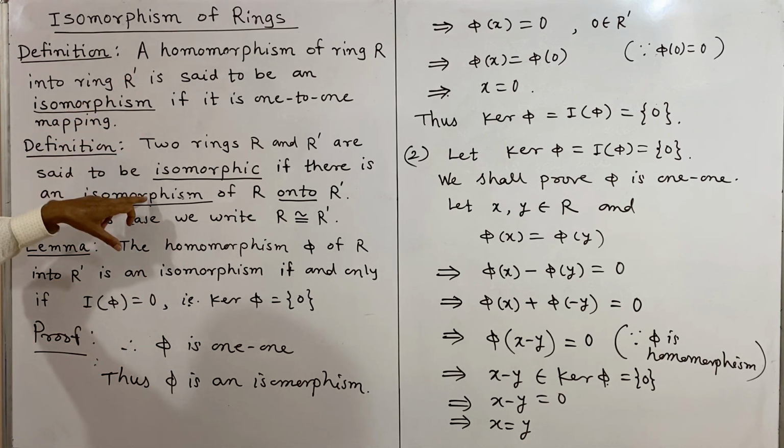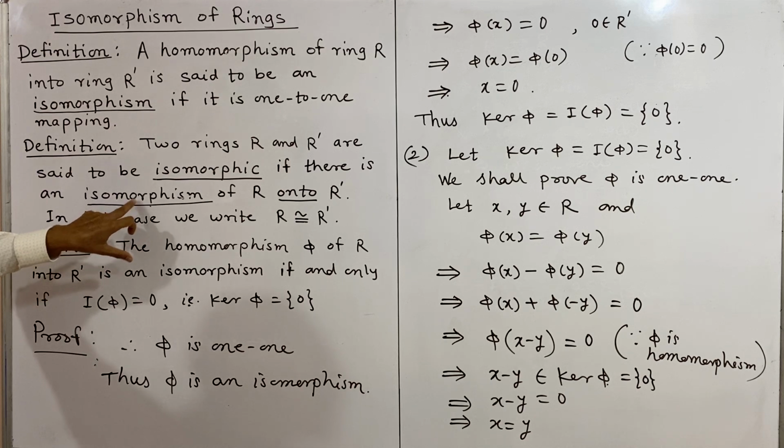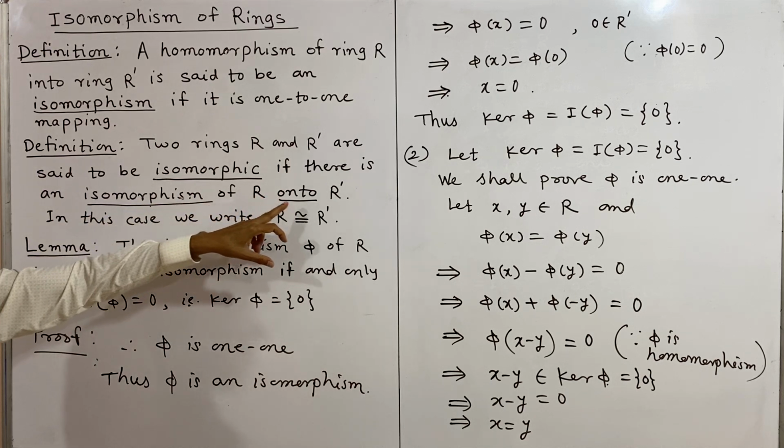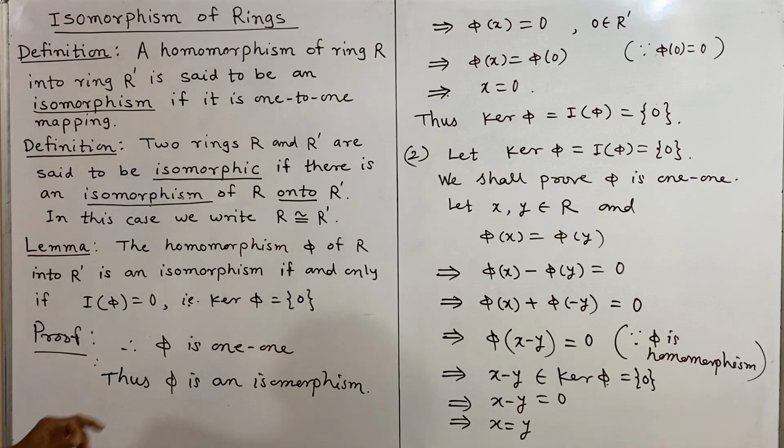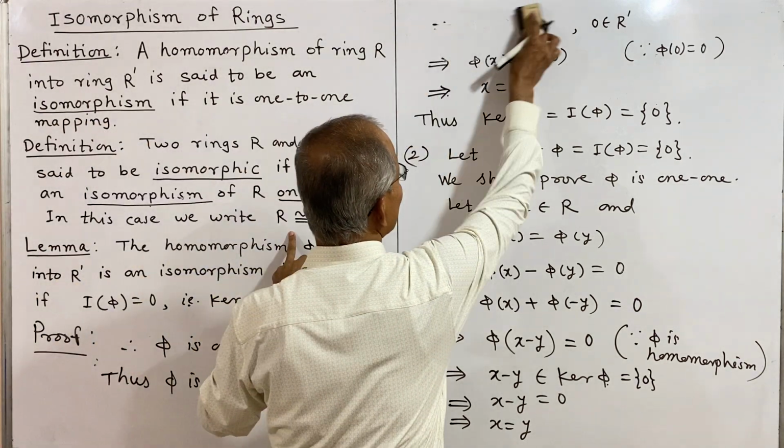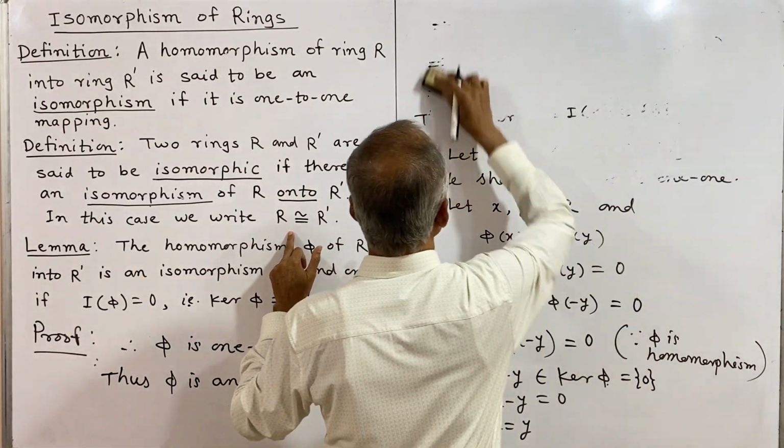You see the difference in isomorphic rings. Two rings are said to be isomorphic if the isomorphism is onto R dash, and that means these two rings will be isomorphic to each other.